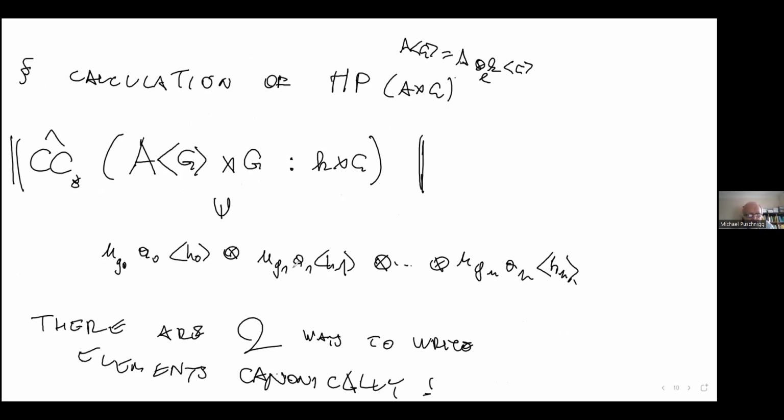You have lots of relations because you can move around the group elements in the group algebra across the tensors. So there is one normalization condition where you go for H0 equals H1 equals Hn equals the unit element. And this leads to the first lemma, which is here.